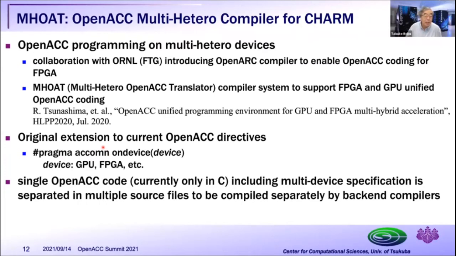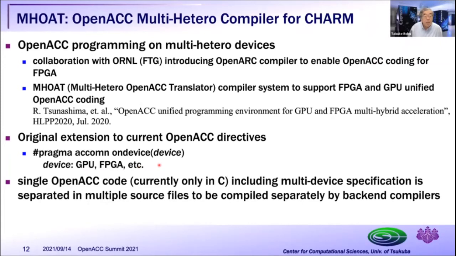And here, the on-device clause is the extension, and we can specify which device is to take care of this part of the program loop or something. Currently we support only one GPU style and one FPGA style, corresponding to the V100 and the Stratix 10.